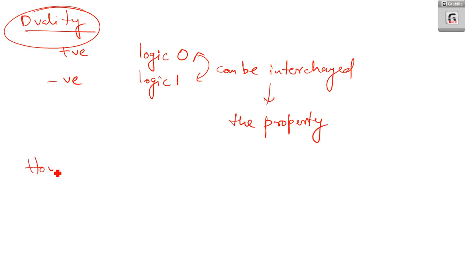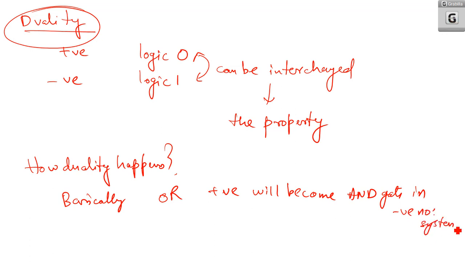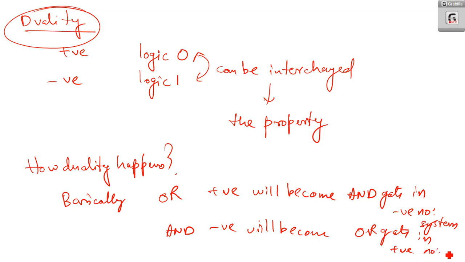Now, how does duality happen? Basically, the OR gate in the positive number system will become an AND gate in the negative number system or negative logic, and the AND gate in negative logic will become an OR gate in the positive number system or positive logic.